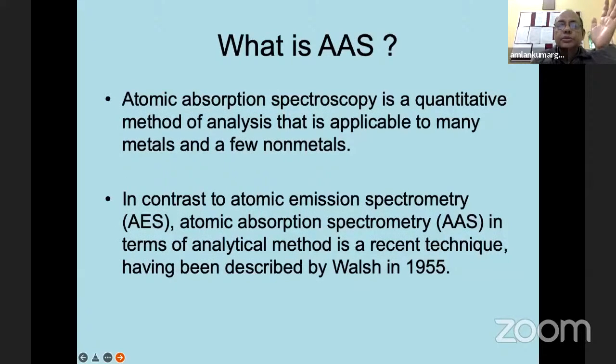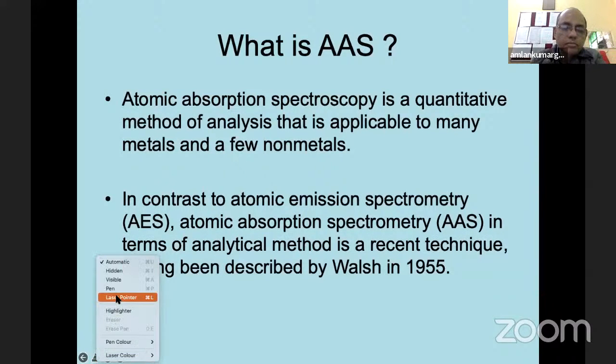And what is atomic absorption spectrophotometry? It's a quantitative method of analysis that is applicable to many metals and a few non-metals. So metals as well as non-metals can be analyzed using an atomic absorption spectrophotometer.